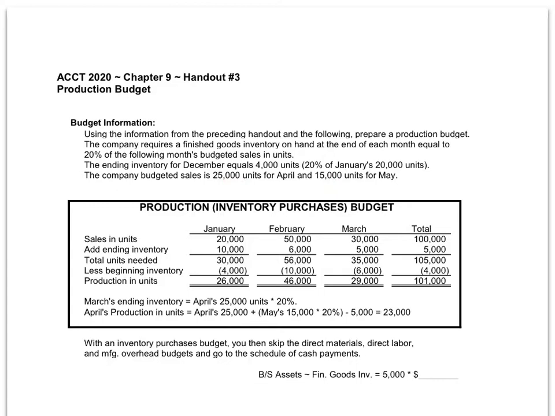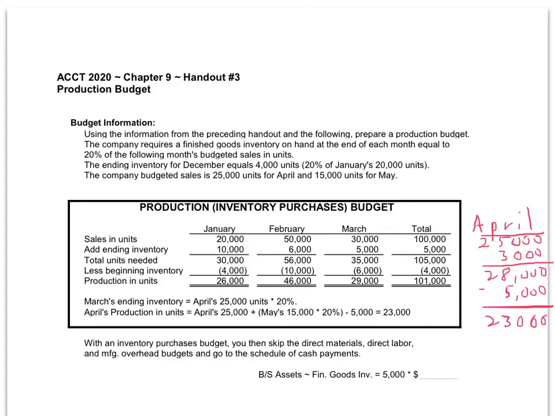So 20% of the 15,000 is 3,000. And then they would minus the beginning inventory of April, which is March's ending inventory, right here, this 5,000. We're going to come back to this number in a minute.